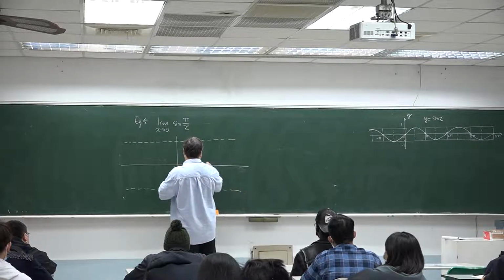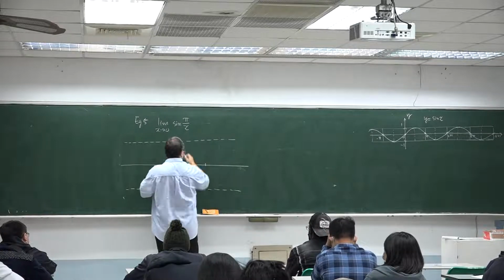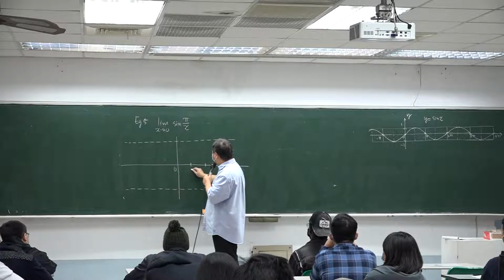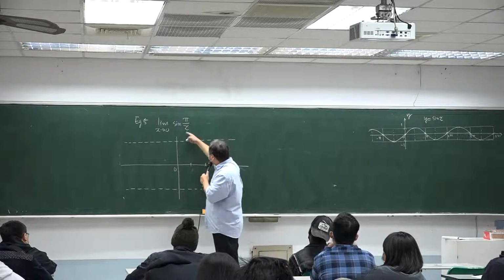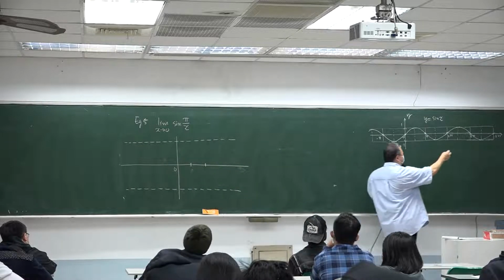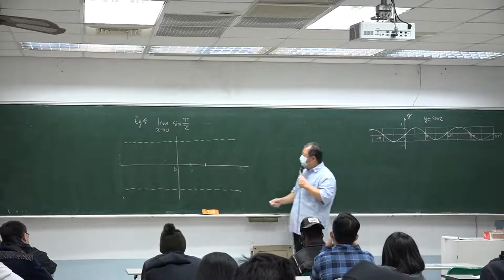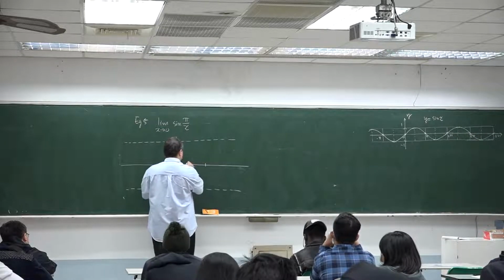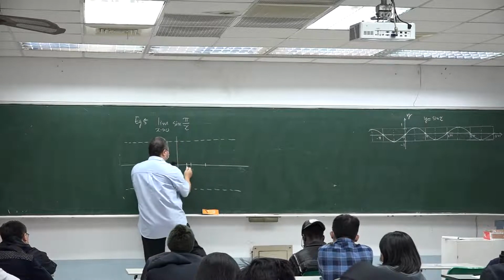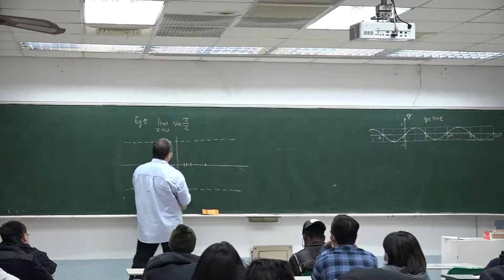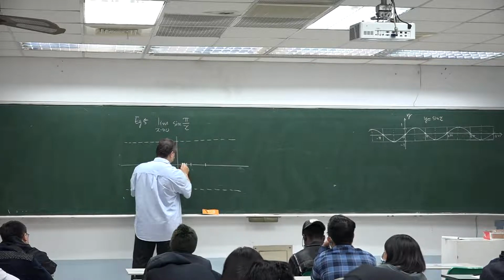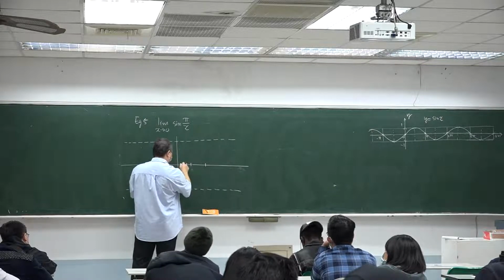Pi means x is 1; 2 pi means x is 1/2; 3 pi means x is 1/3; 4 pi means 1/4; and so on, 1/5, 1/6.